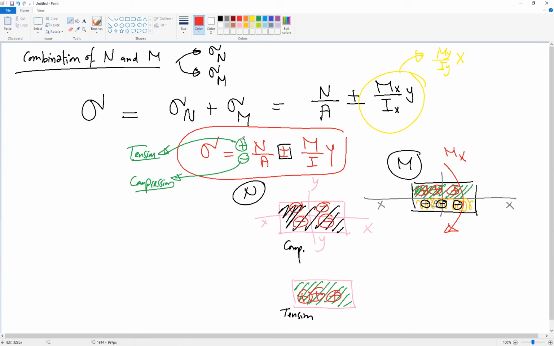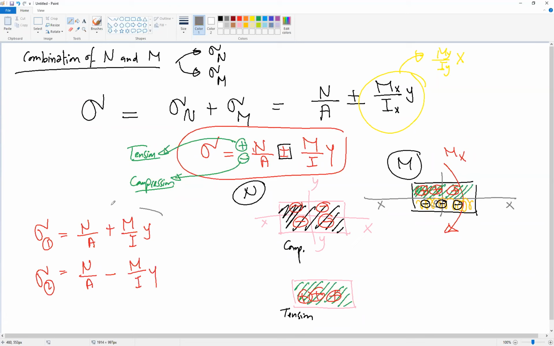That's why in our general equation, N by A will depend on the direction or the sign of the force. But for moment we will use both positive and negative. This means that we have two equations for stress, sigma 1 and sigma 2. Sigma 1 will be N by A plus M by I multiplied by y, or N divided by A minus M by I y.